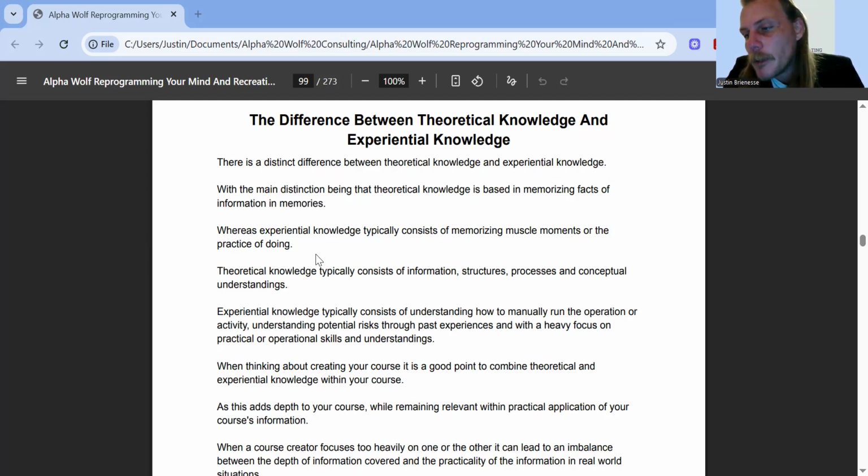So, in your business, any knowledge that you're trying to do a course on is going to comprise 50-50, 60-40, or 70-30 theoretical knowledge to experiential knowledge.